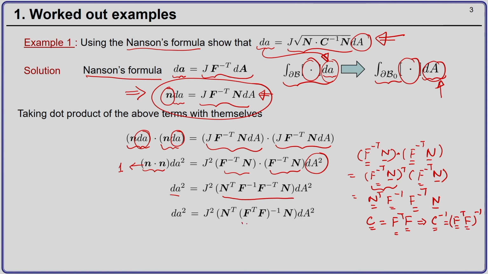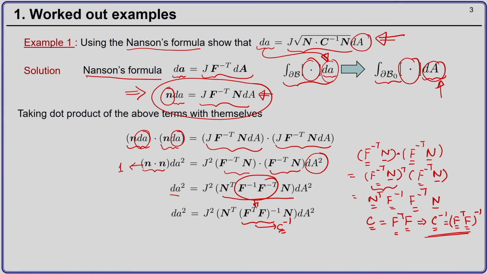So, I can write this as F transpose F inverse, and from here I realize that F transpose F inverse is nothing but C inverse, the inverse of the right Cauchy-Green tensor. That is what I can substitute.